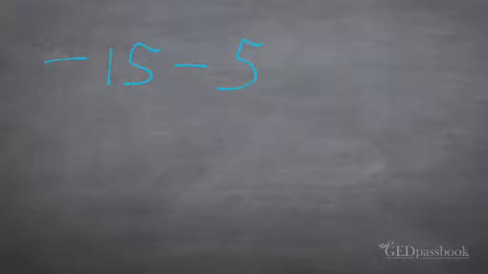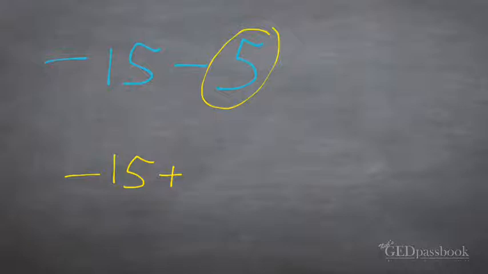They could be applied to anything. Let's keep, change, change. Let's keep this the way it is, negative 15. Let's change the operation sign into a positive sign. Let's change this positive 5. It's technically a positive 5, believe it or not. Let's change it into a negative 5.